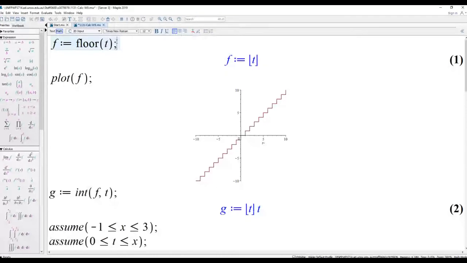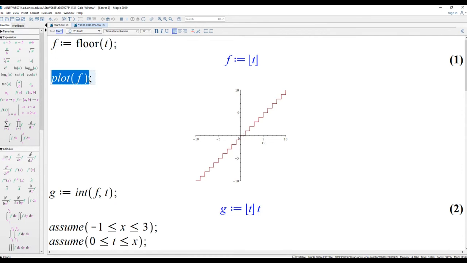Okay, so what is the Maple command for the floor function? Well, it's just floor, which sounds good. And here I've just got Maple to plot a graph of the floor function. It kind of looks like steps, doesn't it? Okay.